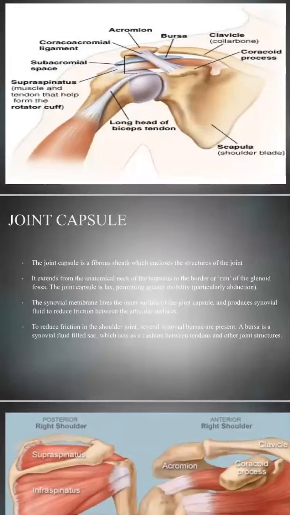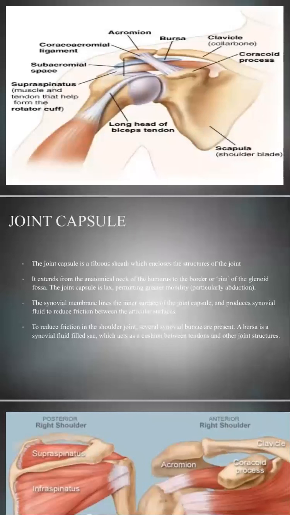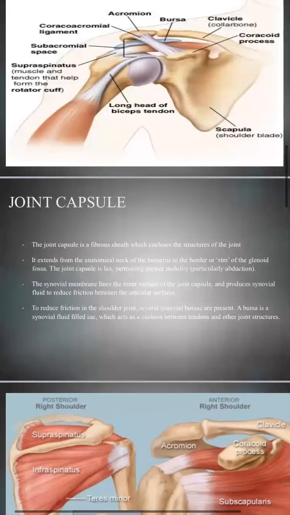And the inner surface of the joint capsule is lined by a membrane called synovial membrane. The membrane produces the synovial fluid. We all know that the synovial fluid helps in reducing the friction of the articular surfaces. The head of the humerus will be moving continuously around the glenoid cavity, glenoid fossa.